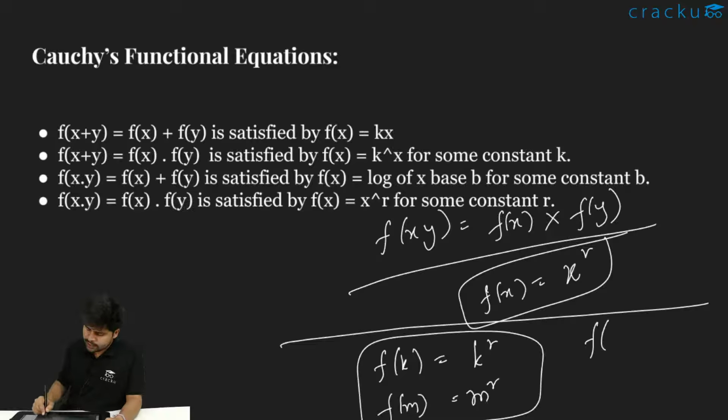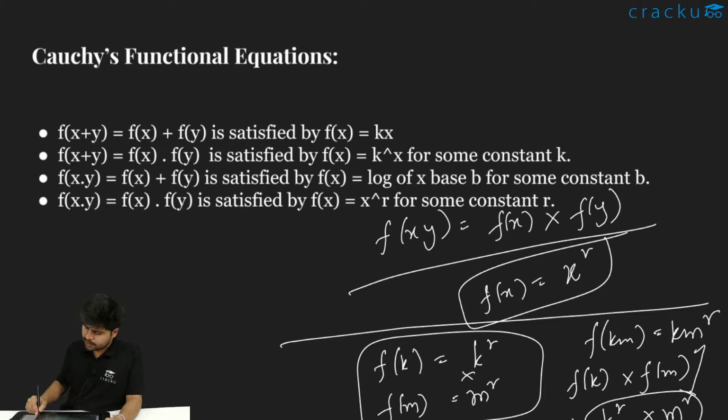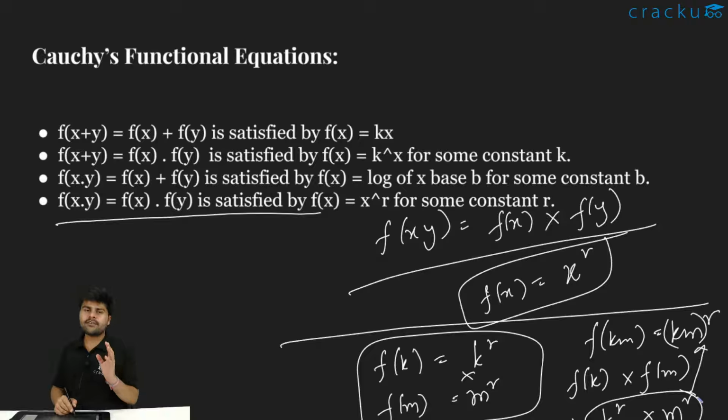And f(km) will be (km) raised to the power of r. Now if you multiply f(k) times f(m), you get k^r times m^r, which is nothing but (km)^r. So if you see this kind of equation, it is always satisfied by f(x) = x raised to the power of r for some constant r.